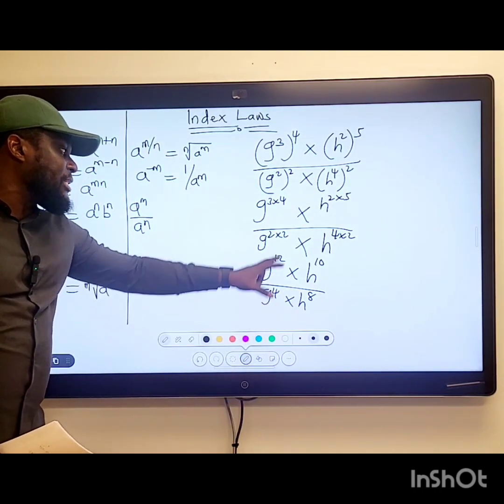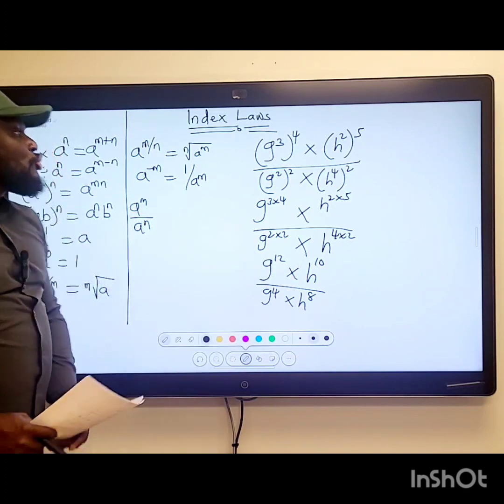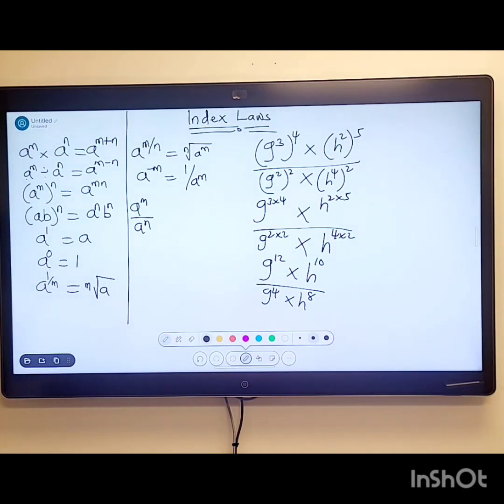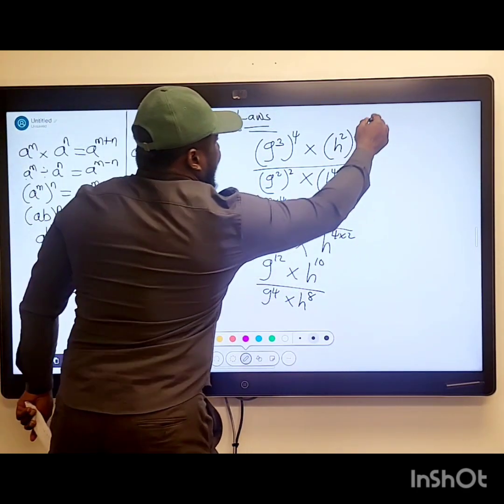So now, if you look at it, you have G and G here, the same variables. So what can we do here? Now, we cannot bring them together. Let's go ahead.